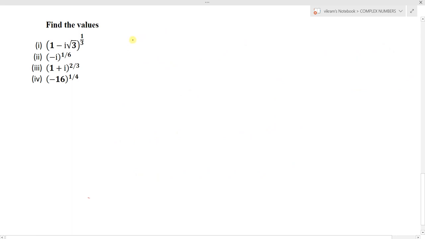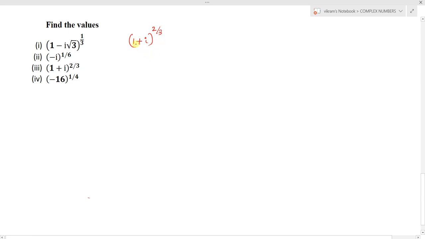And the next question is (1+i)^(2/3). Actually it is of the form z^(1/n), but here we obtain (1+i)^(2/3), where n = 3. So we can write this as [(1+i)^2]^(1/3).